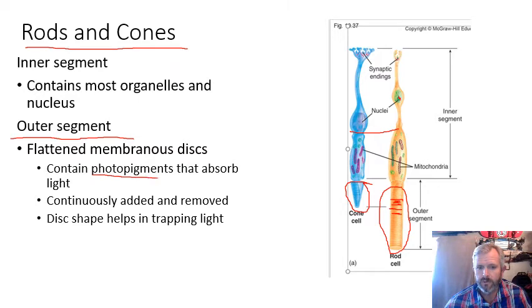Your pigments absorb light, and it's the absorption of light in these pigments that is going to ultimately result in the signaling of these photoreceptors. Again, these discs help in trapping the light, and they'll be continuously added and removed by those helper cells of the pigmented layer.